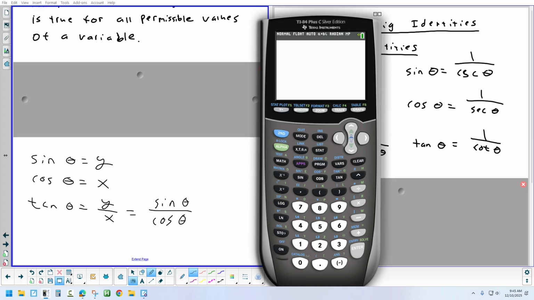You can also see that graphically. If I take sine and divide by cosine, I graph that. Okay, that's sine divided by cosine.